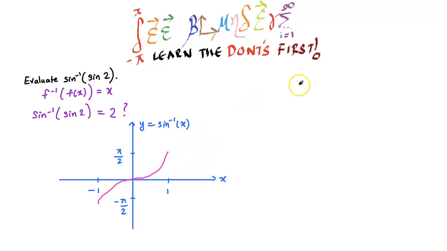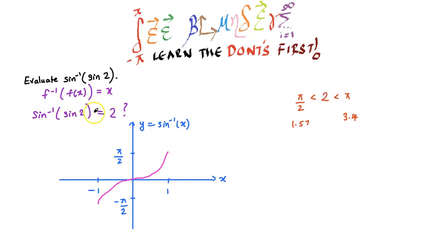We need to understand how much that is in terms of something we are more familiar with. So how much is 2 radians actually? Pi is 3.14, so pi by 2 is 1.57. So 2 radians is between pi by 2 radians and pi radians. So that's where 2 lies.